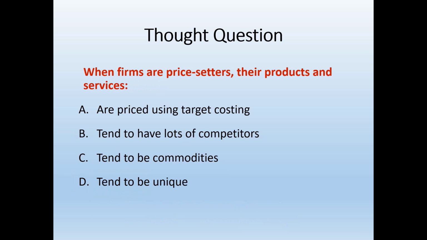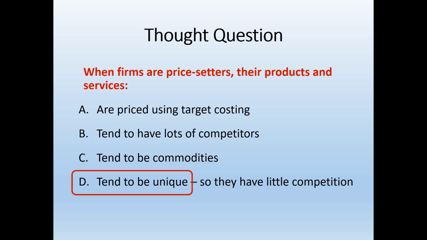When firms are price setters, are their products and services priced using target costing, or do they tend to have lots of competitors, or do they tend to be commodities, or do they tend to be unique? Price setters make products and services that are unique in some way. Therefore, these firms have little competition, so they can set the price that they want.